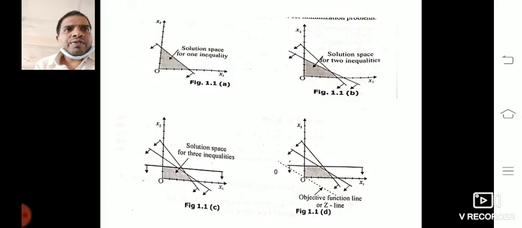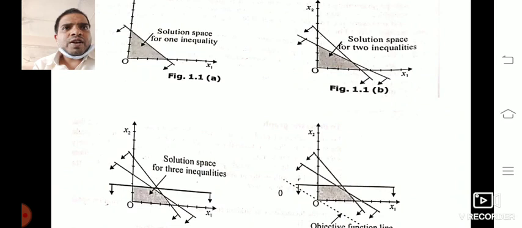These are the figure examples. That is the first constraint. In figure 1.1a, the constraint is towards the origin, so the shaded part is the feasible solution space. That is for the first constraint only; we have one constraint. In 1.1b there are two constraints.